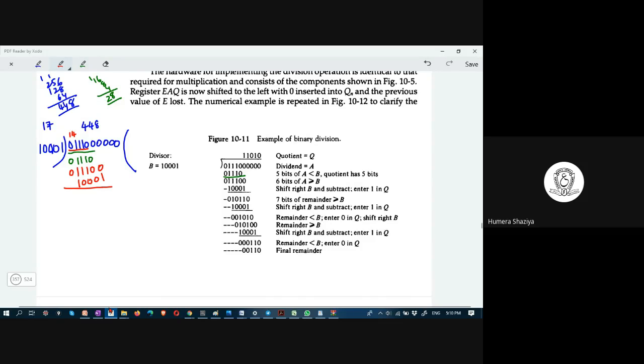What answer will you get? What do you do here? In multiplication, you perform addition of all the partial products. Here you perform subtraction. In division operation, you perform subtraction.